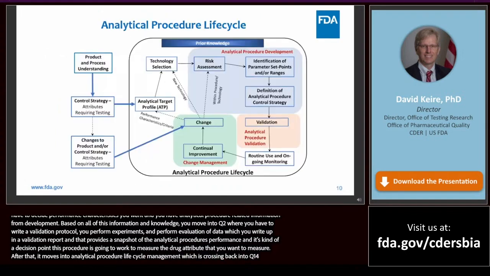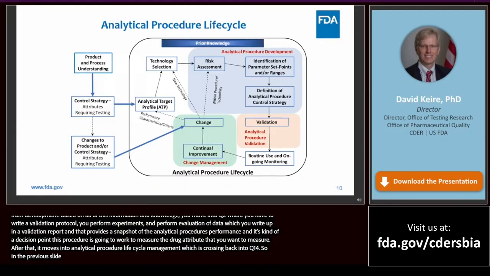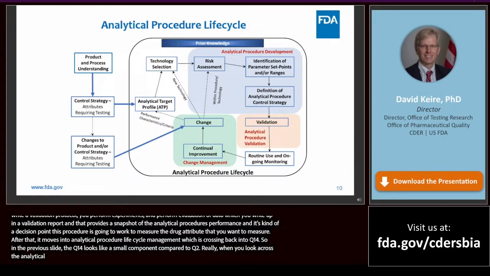In the previous slide, Q14 looked like a small component compared to Q2. But really, when you look across the analytical procedure lifecycle, the tan box here is the Q2 part, and all the rest of the things are Q14 elements.